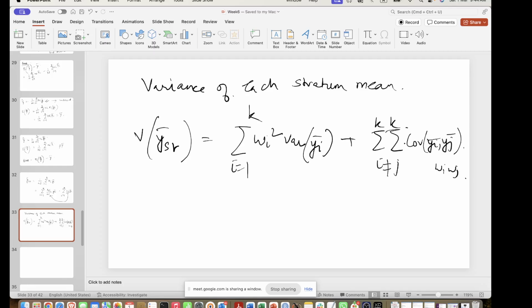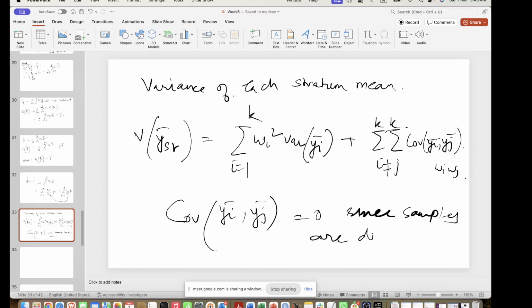Now since covariance of yi bar and yj bar will be 0, since samples are drawn independently from groups i and j.